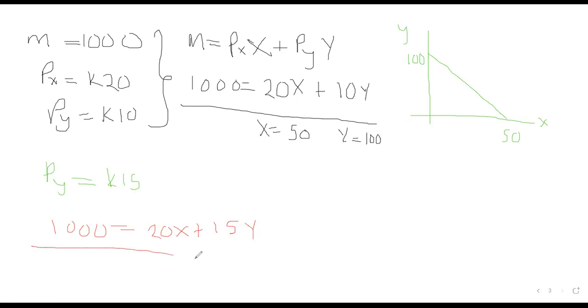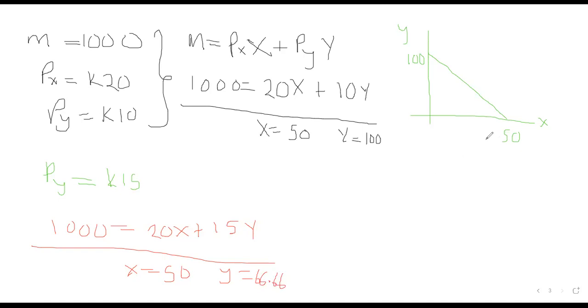So where does it cut the x-axis? 20 into 1,000, we get 50. Where does it cut the y-axis? 1,000 divided by 15. What do we get? 1,000 divided by 15 gives us 66.6. So how do we plot this?